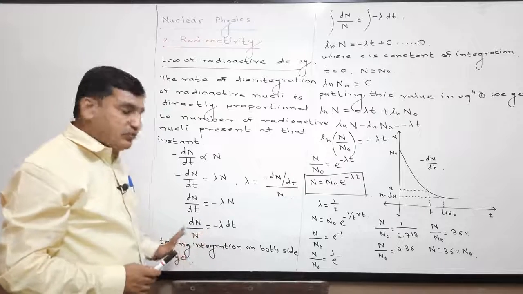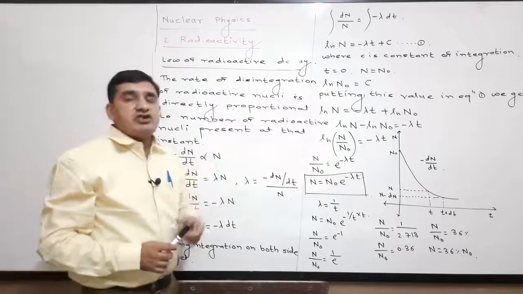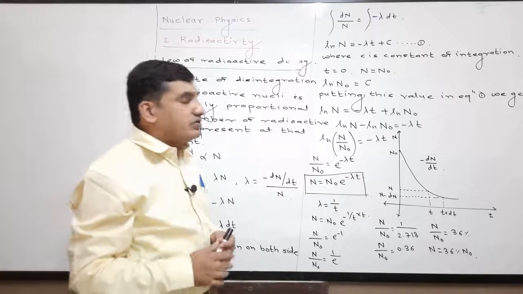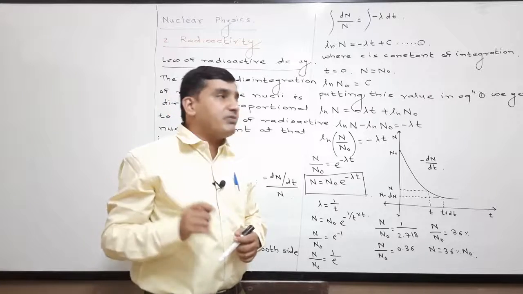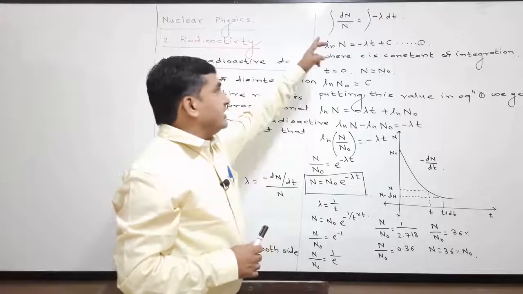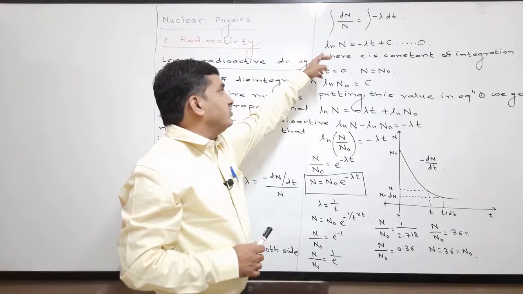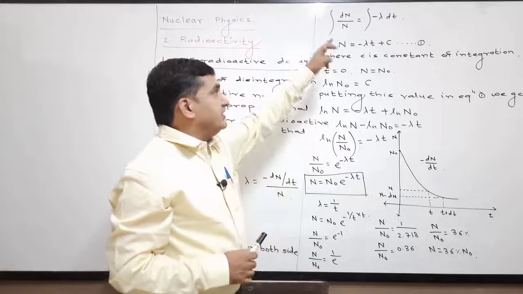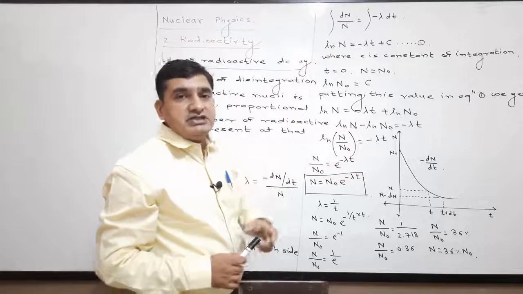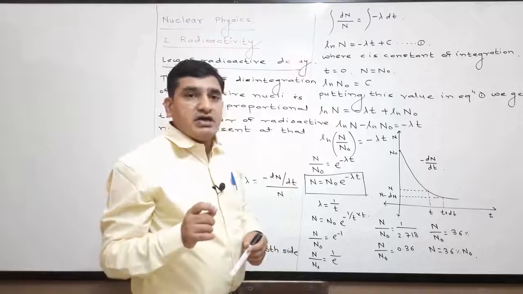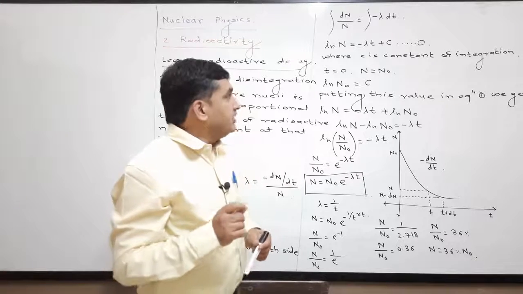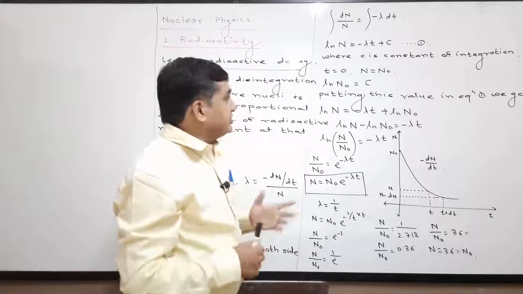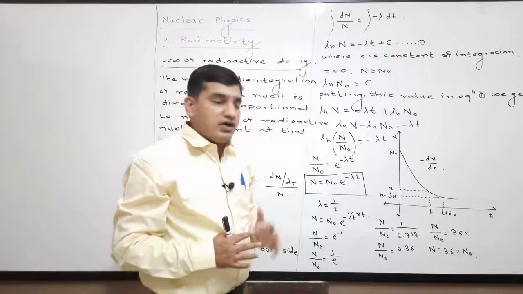Taking integration on both sides, we get the integration of dN upon N is equal to the integration of minus lambda into dt. The integration of dN upon N is ln of N, and the integration of minus lambda dt is minus lambda into t plus c, where c is the constant of integration.